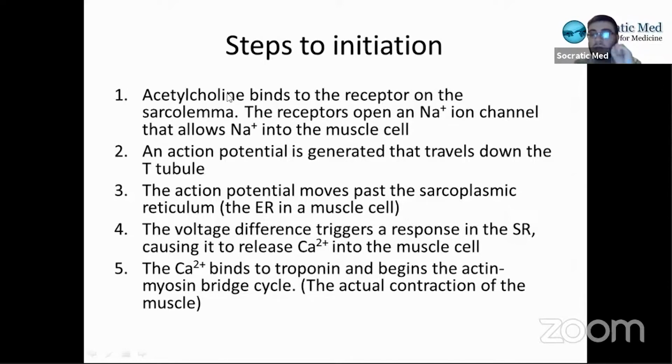It opens a gate, and then calcium can go out of it into the area where there's not a lot of calcium. It goes down its gradient. The calcium then binds to troponin, which is an important protein we'll cover in the next slide, and it begins the myosin-actin bridge cycle, the actual contraction of the muscle. Okay, so it's actually the calcium that begins it.